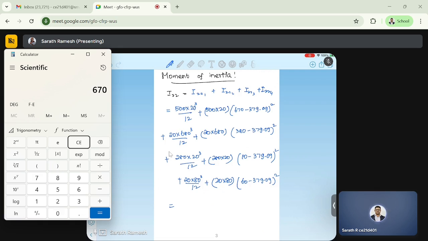So 690 minus 379.09, the whole square, times 10,000, plus, let me be very careful, 500 into 20 cube by 12, plus 20 into 680 cube by 12, plus 20 into 680 into 340 minus 379.09, the whole square.